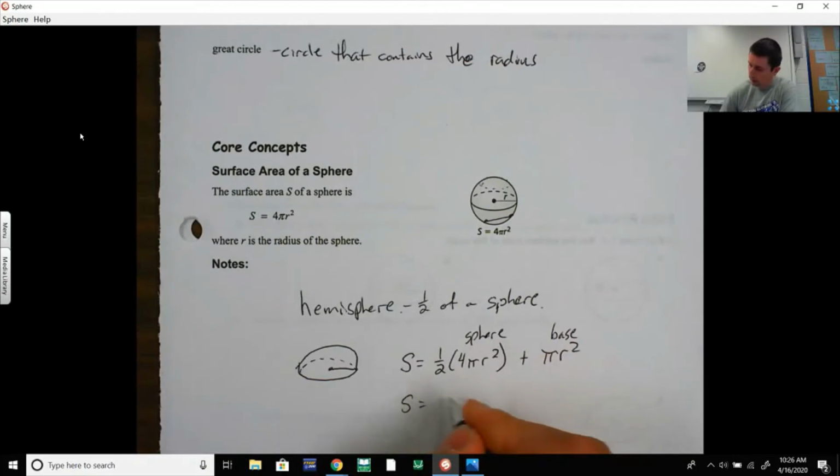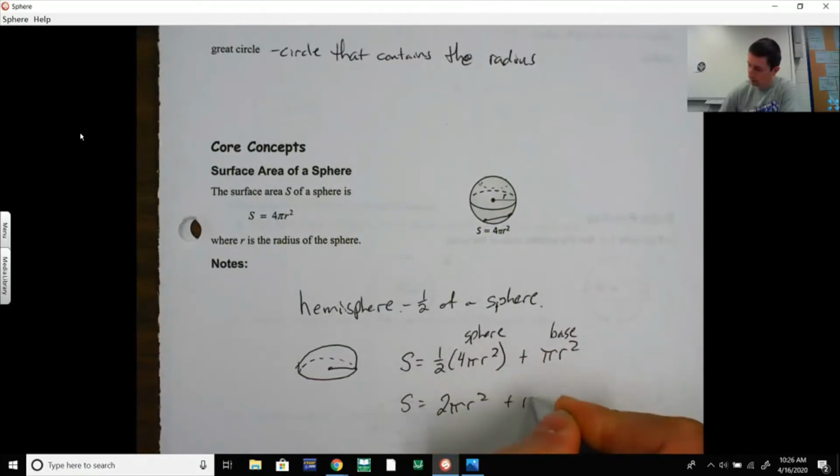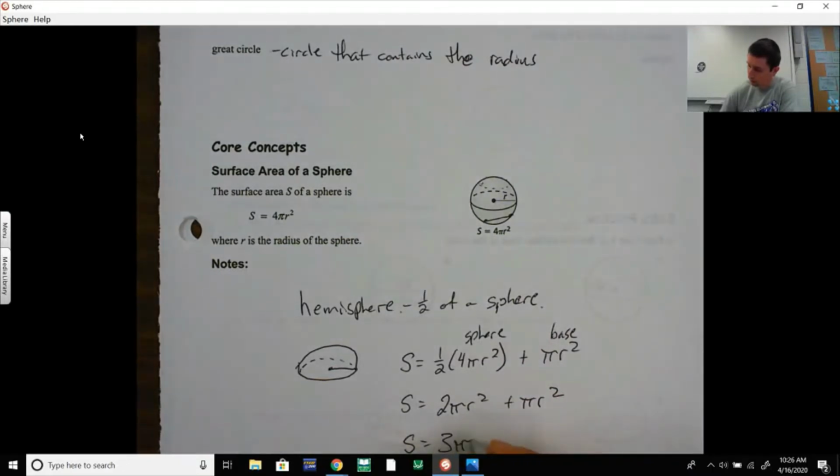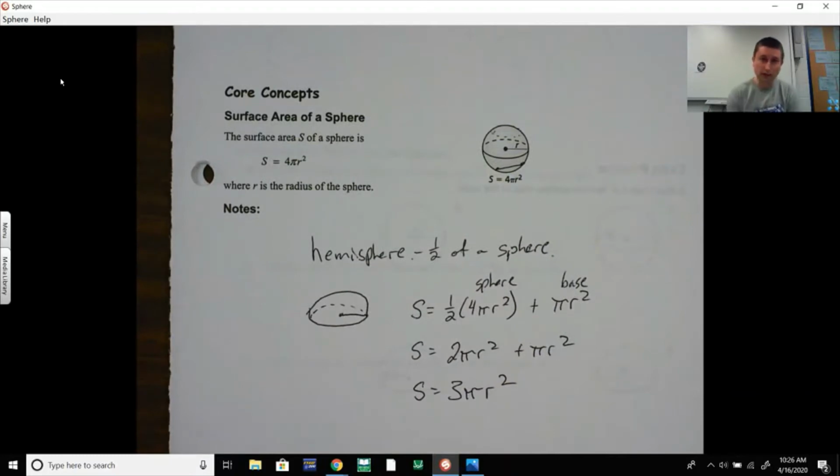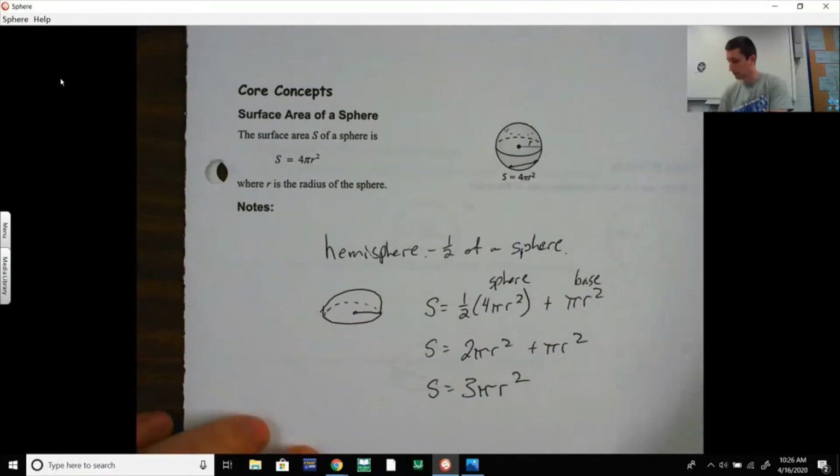So 1/2 of 4 would be 2 pi r squared plus another pi r squared. So for a hemisphere, the formula is 3 pi r squared. There's only one less pi r squared for a hemisphere than for a sphere, because you still have that base, you still have that bottom. So formula for a hemisphere is 3 pi r squared. For the whole sphere is 4 pi r squared.